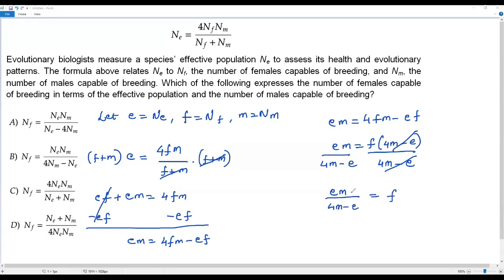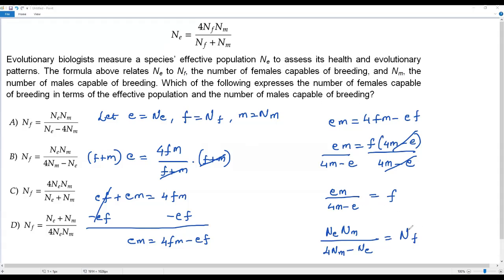Now we can replace E, M, and F by the original variables. E has to be replaced by Ne, M has to be replaced by Nm, so the denominator is 4 times Nm minus Ne, and F has to be replaced by NF. According to the question, we have to solve for the number of females capable of breeding.